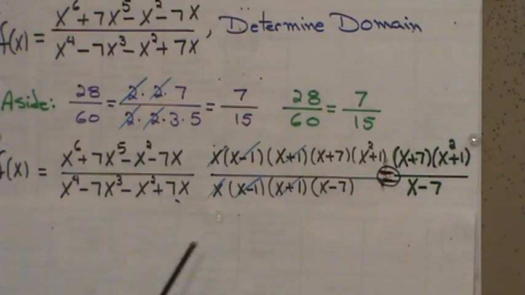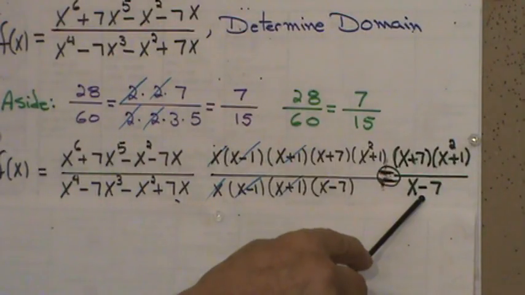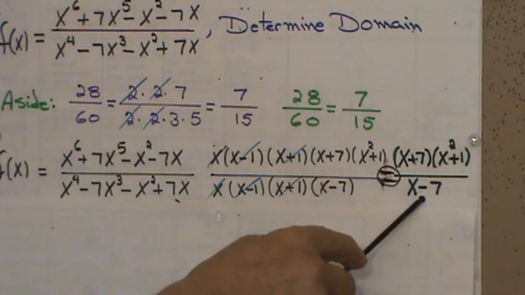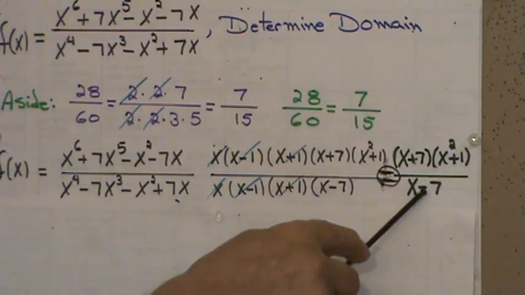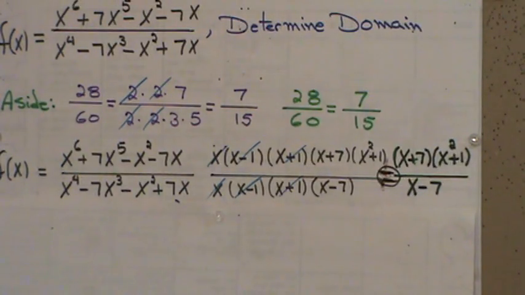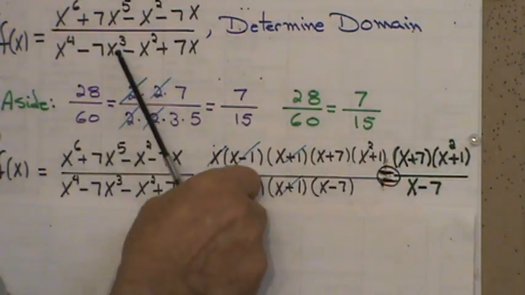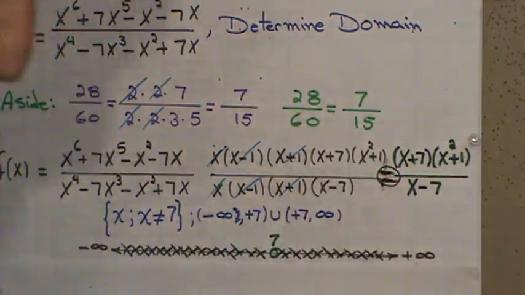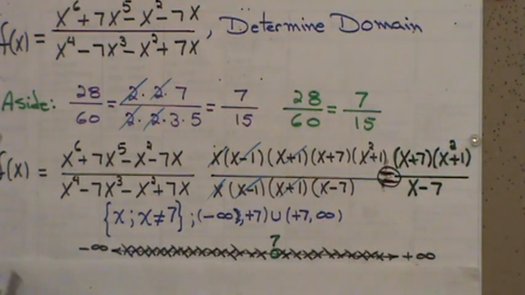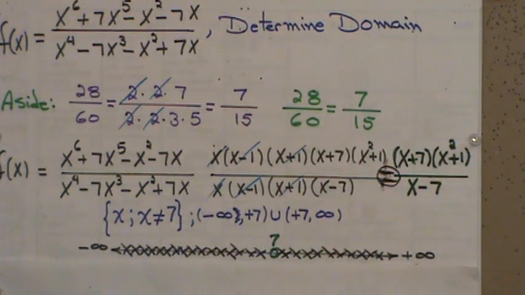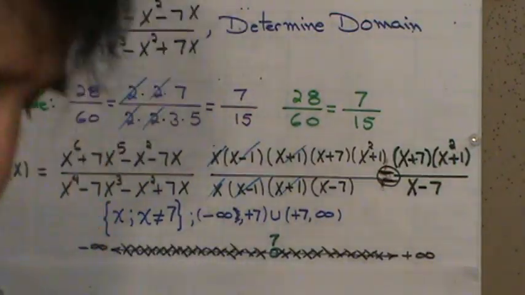Now, according to what I said a few minutes back, x cannot assume the values that make the denominator 0. So in this case, x cannot be 7. I wrote this in set builder notation, and also in interval notation, as you notice. I also sketched the graph of it to present it pictorially. Okay then, now let me zoom this one and say a few words if I may.